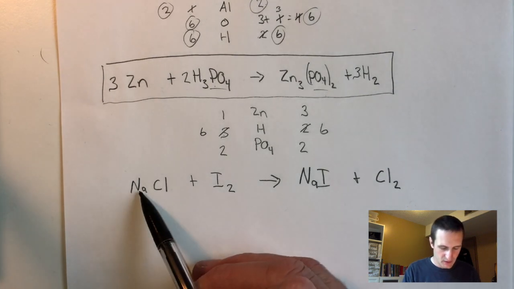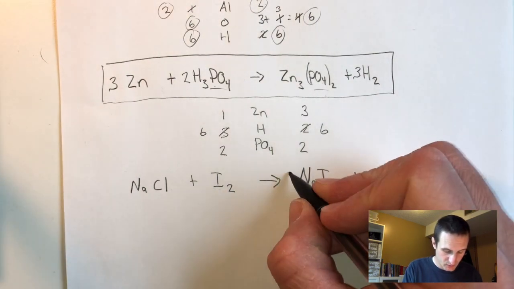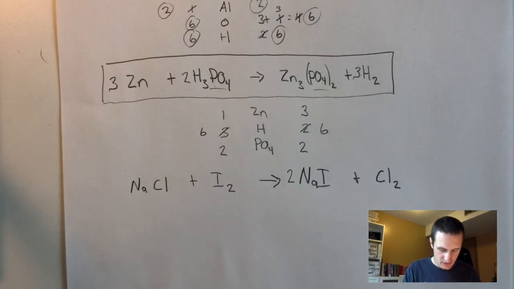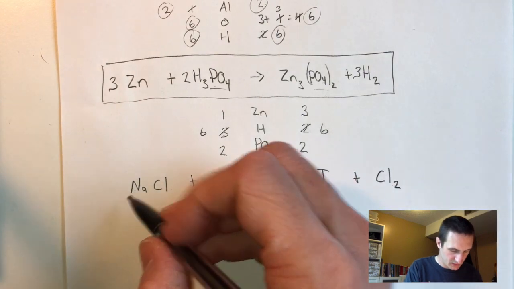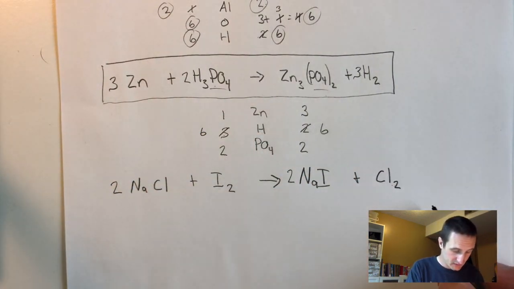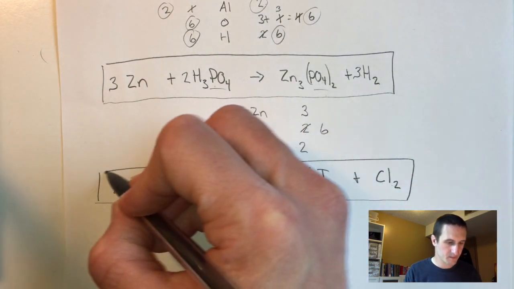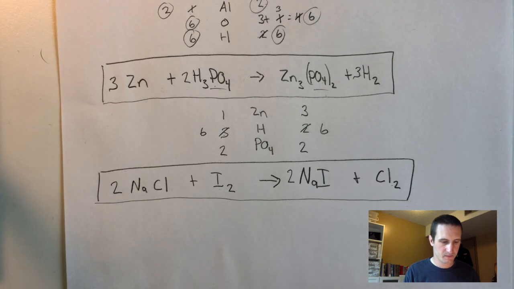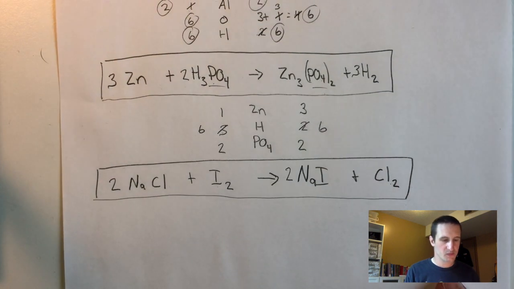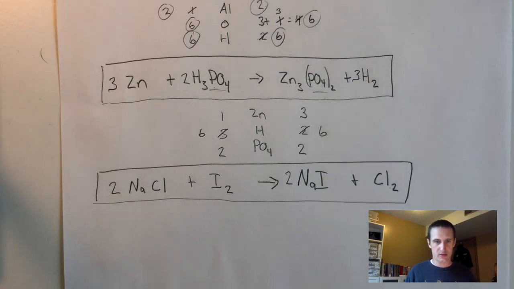This one, I noticed 2 iodide and 1 iodide, so I'm going to put a coefficient of 2. I see 2 chlorine and I see 2 chlorine, so I'm going to put a coefficient of 2. That one is balanced now. Go ahead and do the next one. I'm going to grab a new piece of paper here.